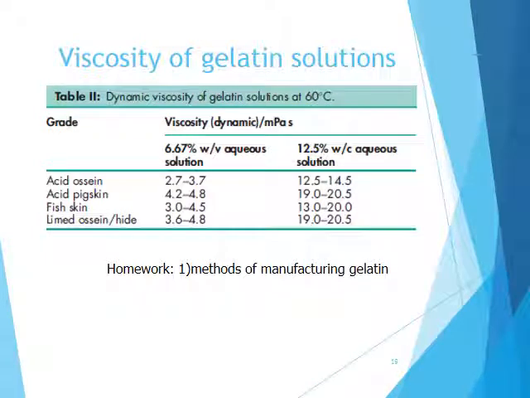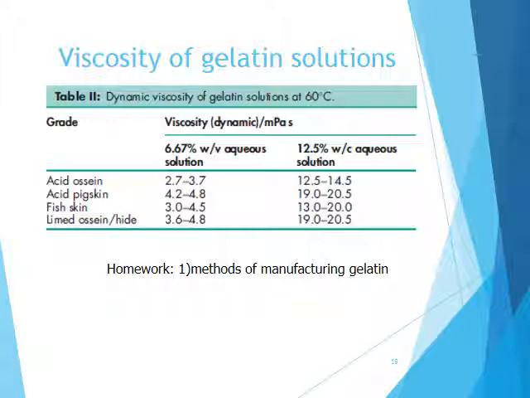This slide is showing the viscosity of gelatin solution. As you can see, different concentrations of gelatin have different viscosities, and the viscosity also changes according to the source of gelatin.